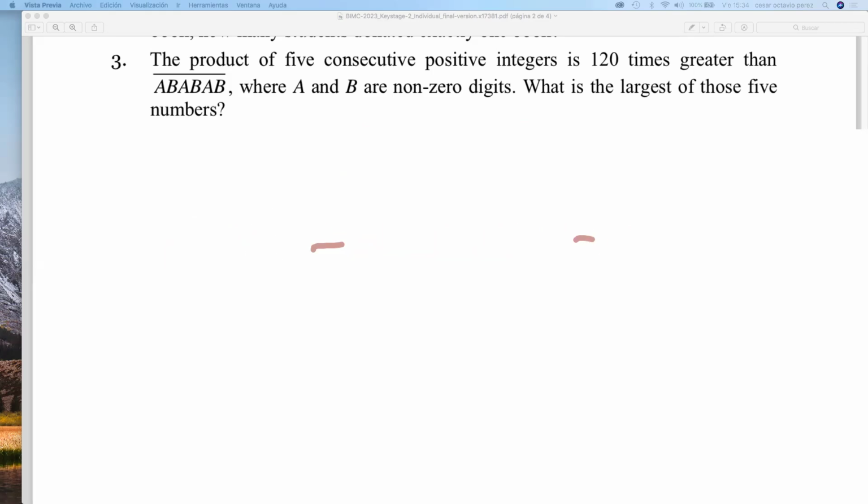So here it says that we are going to multiply 5 consecutive numbers. Okay. We are going to explore a little. If we multiply 5 consecutive numbers, 1 times 2 times 3 times 4 times 5, what will we get?